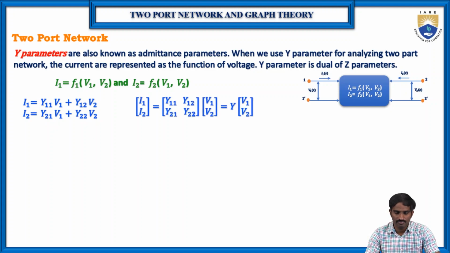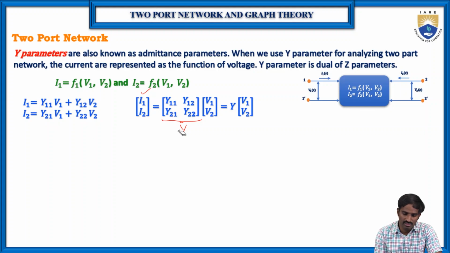The first column matrix has only the currents, I1 and I2, equal to a 2 by 2 matrix with all the Y parameters, the admittance parameters Y11, Y12, Y21 and Y22, times the voltages V1 and V2.